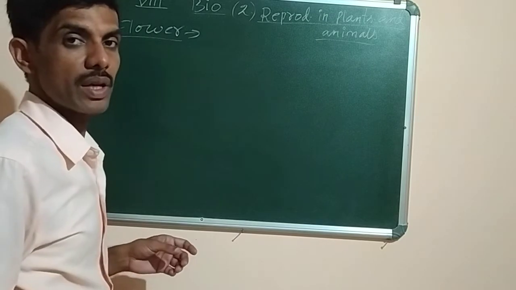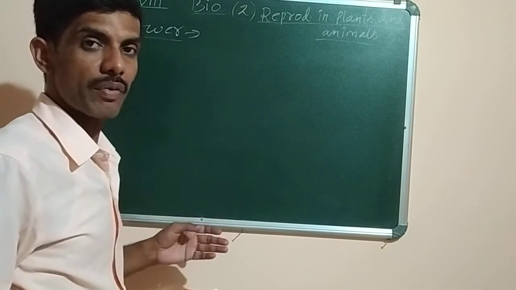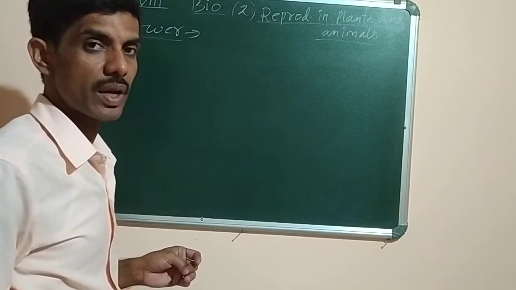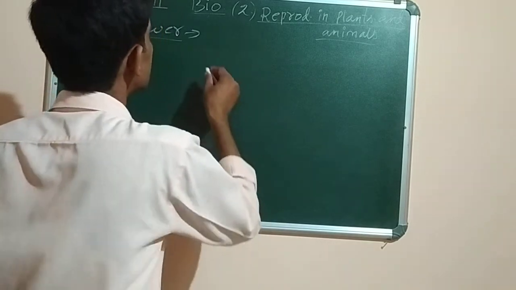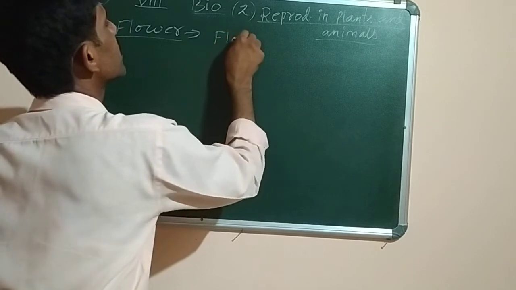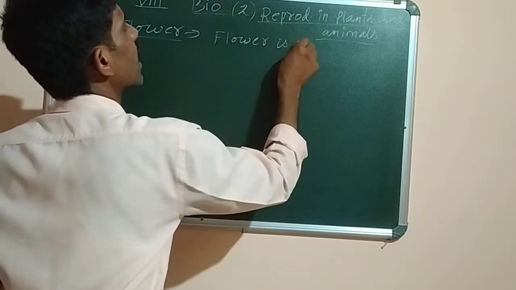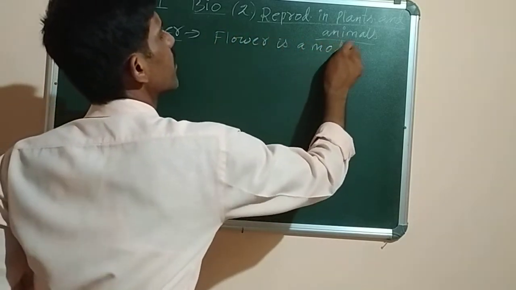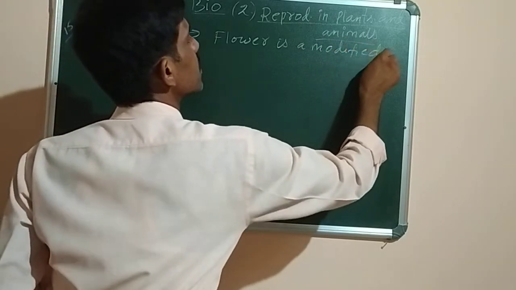So what is a flower? How to write the definition? It is a modified shoot in which nodes and internodes are highly condensed. Flower is a modified shoot.